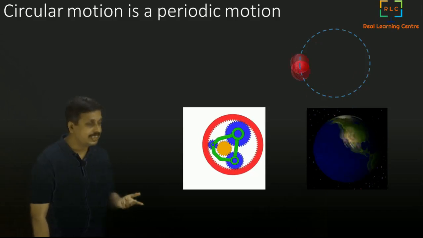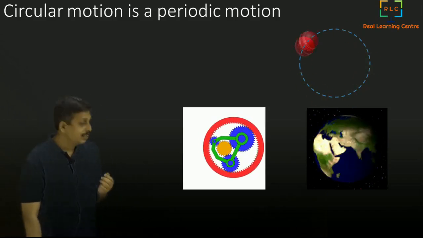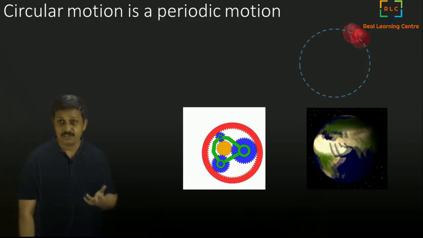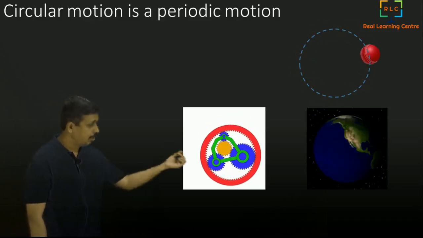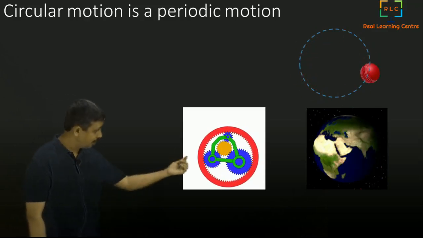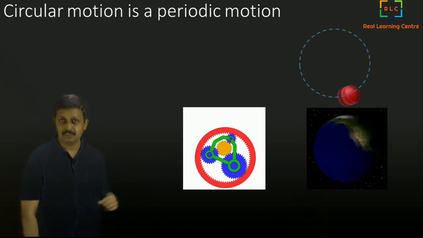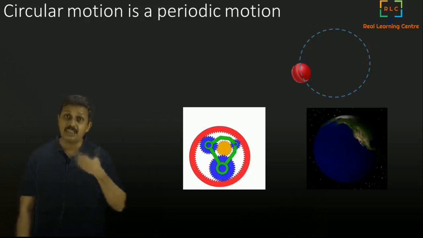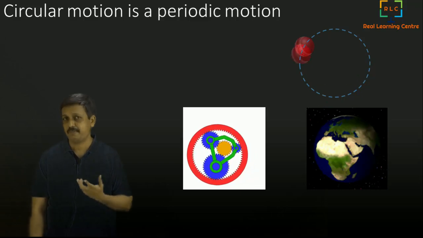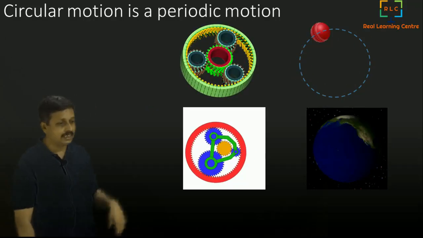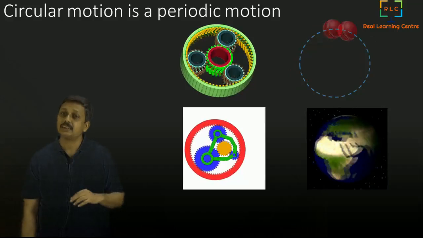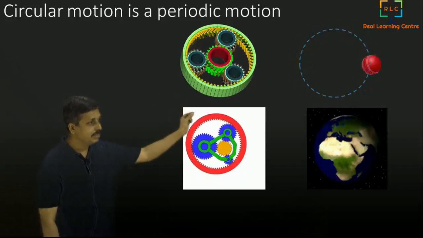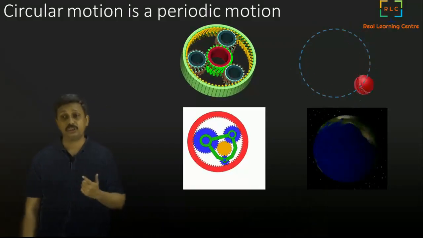For example, you can see here another interesting kind of circular motion. There are lots of things happening here. You can very clearly see that the center of the blue circle goes around the center of the other circle, and they are again going around in various different circles, multiple circular motions happening at a time. Here also there are several rotational motions happening, and if you take single particles on each one of them, they are going through circular motions.